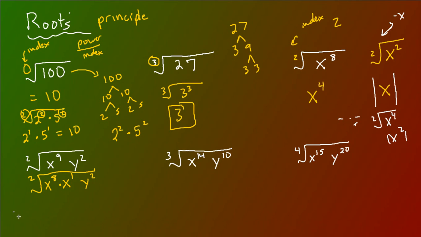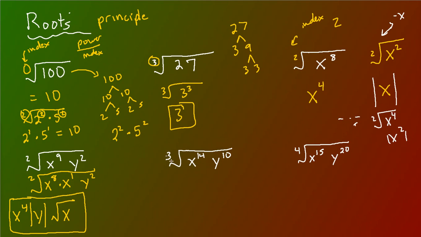So 8 divided by 2 is x to the 4th. I can't do the x to the 1, so that stays on the inside. And the square root of y squared is y, so leaving me with square root of x. Now, this y needs to be in absolute values because I did a square root of an even power and got an odd power, so that needs to be in absolute values.